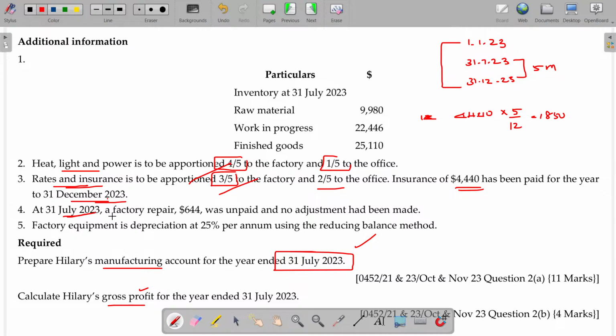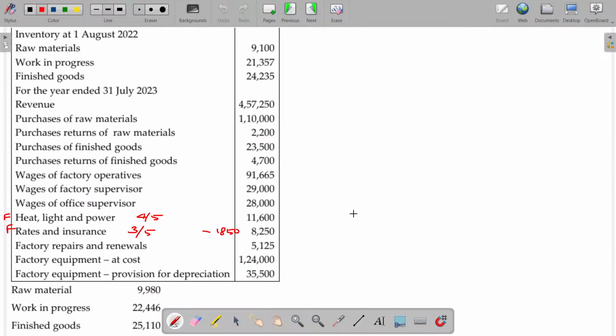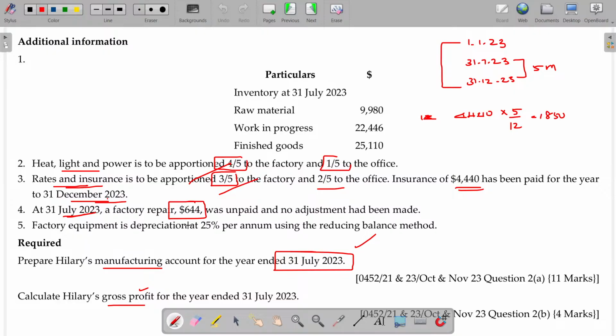On 31st July 23, a factory repair of $644 was unpaid and no adjustment had been made. Factory repair is unpaid, so 644 should be added. Factory equipment is depreciated at 25% per annum using the reducing balance method.